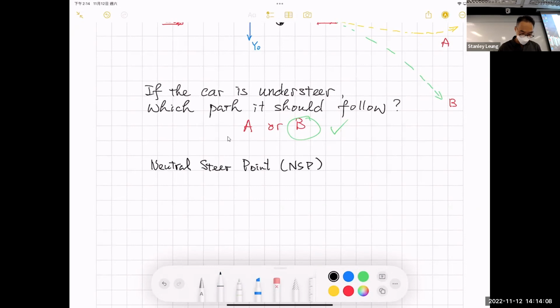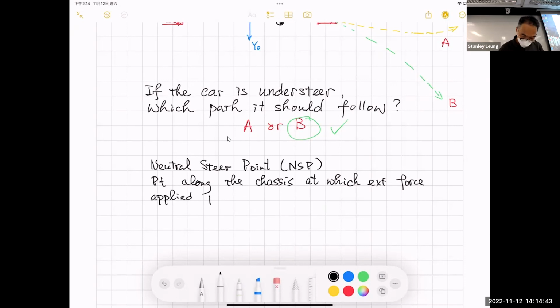NSP. Okay, this is the point along the car, or you say chassis, at which external force applied produces no moment, not your moment.